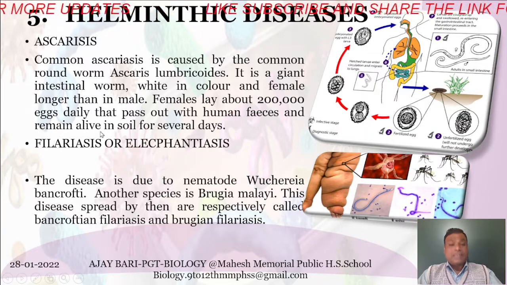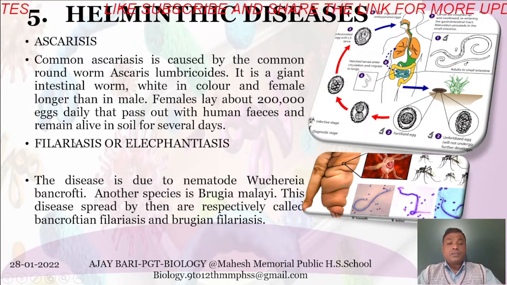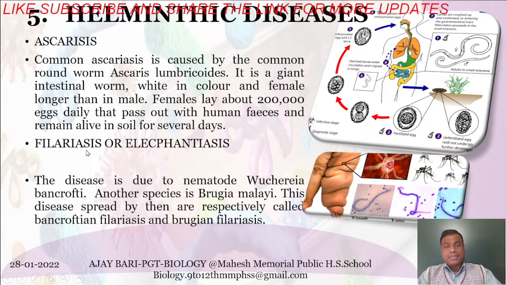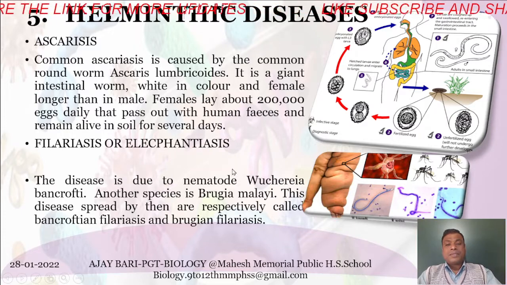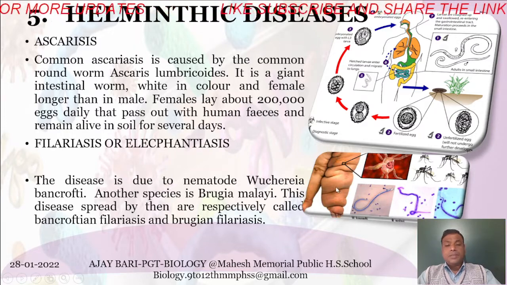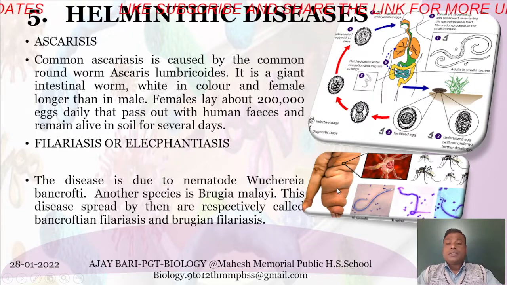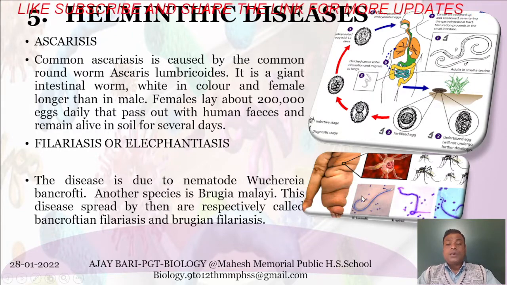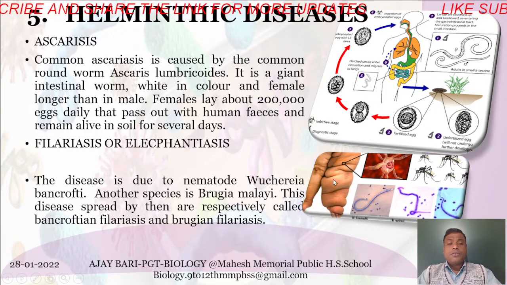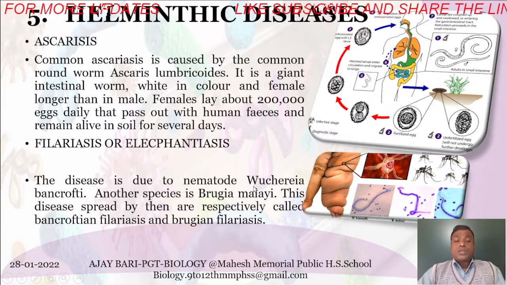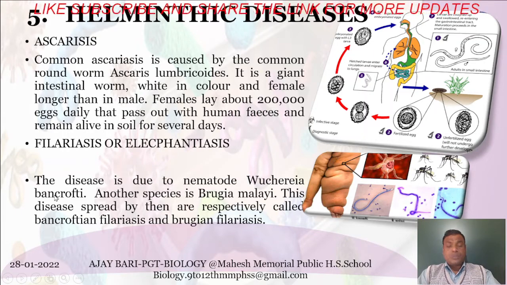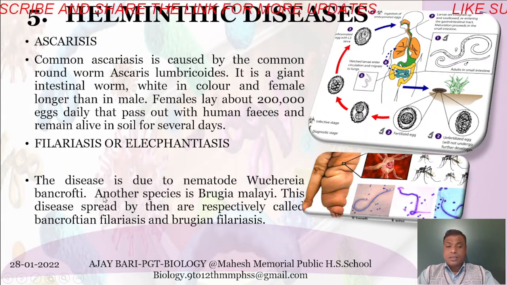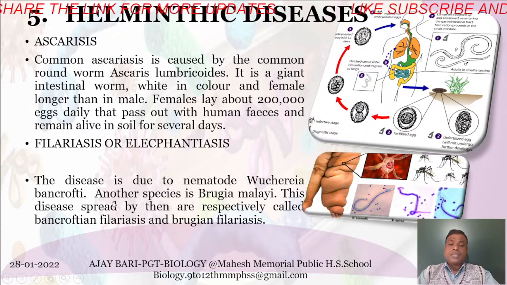The second disease caused by a worm is filariasis. It is also referred to as elephantiasis. You can see here an image where a person's leg is swollen due to the presence of this worm inside the body. The nematode, or worm, responsible for this is Wuchereria bancrofti.